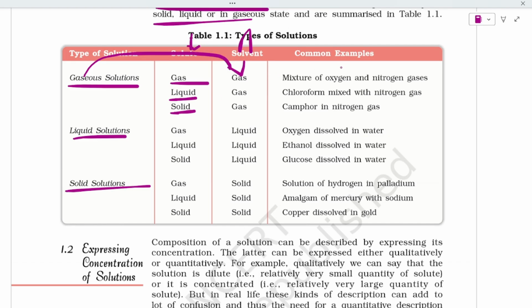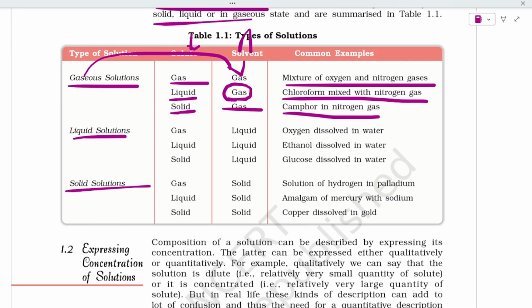For example, a mixture of oxygen and nitrogen gases. Nitrogen, the gas, is present in more quantity, but oxygen is present in less quantity. Then chloroform mixed with nitrogen gas, and camphor in nitrogen gas, that is for liquid and solid solutes in gas.